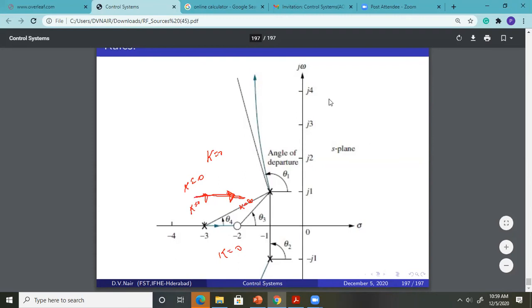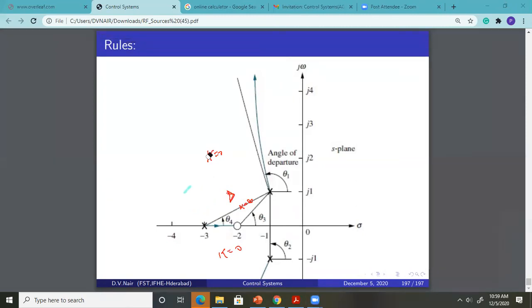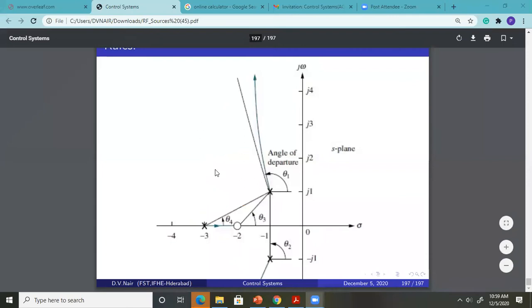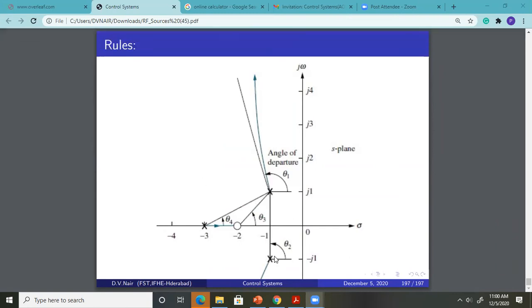Okay, friends. Now, let me set it clear. Angle of departure will be for open loop poles and angle of arrival will be for open loop zeros, because branches arrive at open loop zeros for increasing values of K and terminate there. Now, here you see we have a plot of open loop poles and zeros.